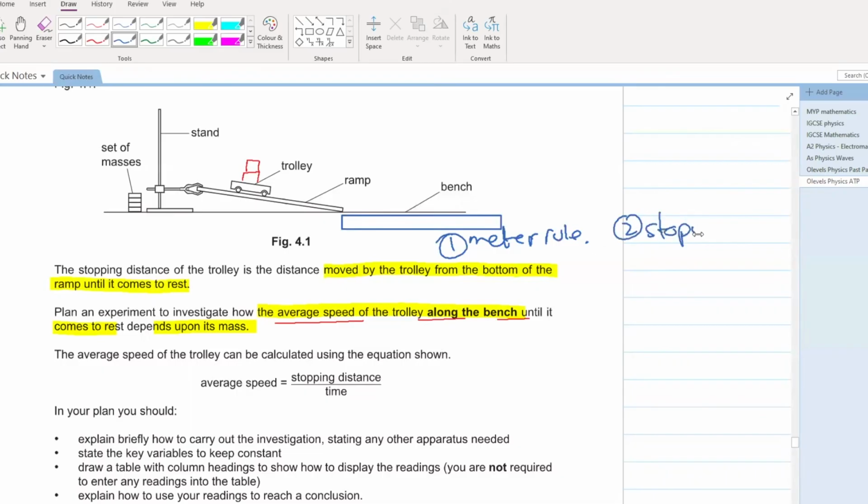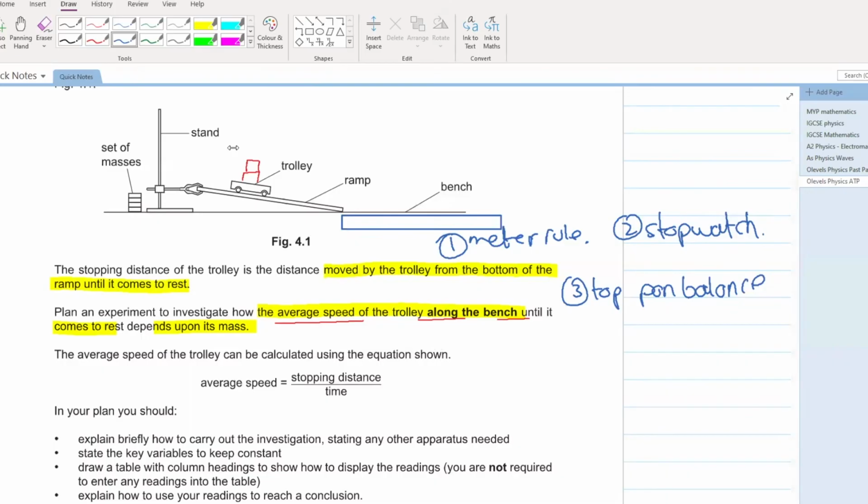Stopwatch भी चाहिए होगी आपको to measure the time. And you also need a top pan balance. Why? Because you will be measuring the different amount of masses that you put on the trolley. तो masses measure करने के लिए एक top pan balance भी चाहिए.